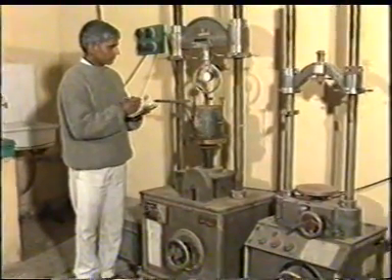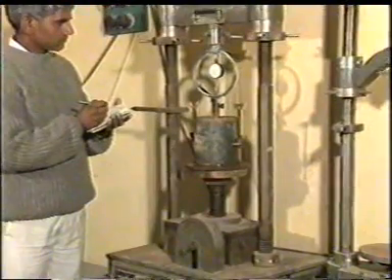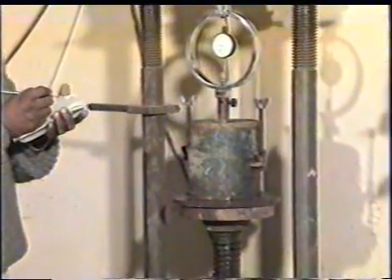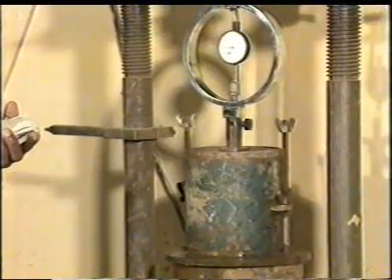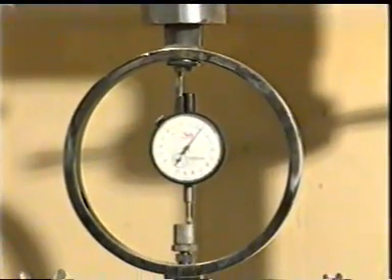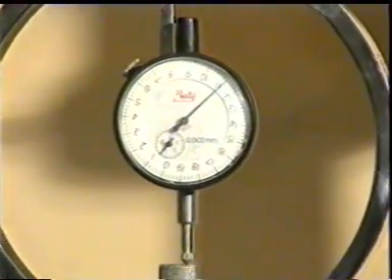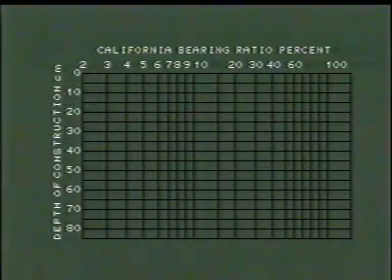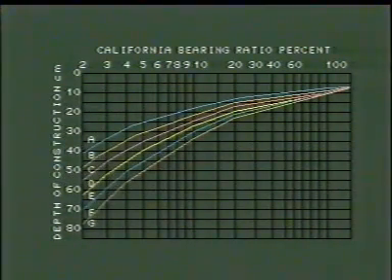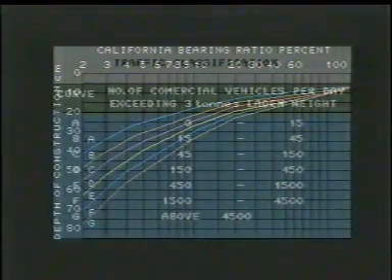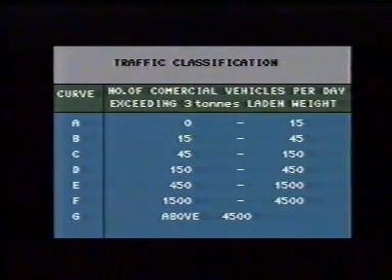Amongst the various methods available for designing flexible pavement, California bearing ratio or CBR is most commonly adopted. The CBR design charts shown here give correlation between CBR value of subgrade soil on horizontal axis and depth of construction on vertical axis for different traffic intensities, that is, number of commercial vehicles per day as given in the charts.